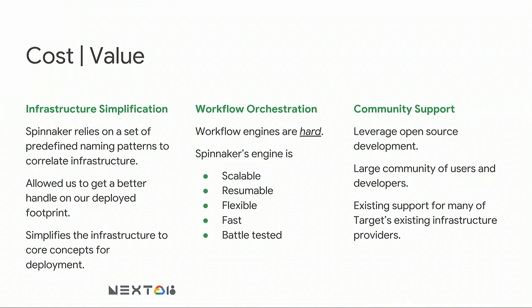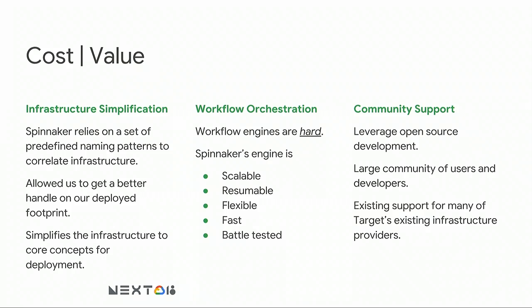Right, so if we look at the cost value of what Spinnaker brought us at the end, it was this simplification of the infrastructure. So the primitives that Spinnaker uses to talk about applications, such as server groups and clusters, model any type of application delivery really, really well. And then on top of that, it uses a naming-based pattern to correlate and aggregate infrastructure so that you get kind of an application graph of what belongs to an application.